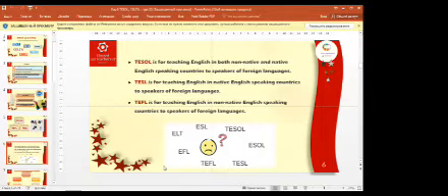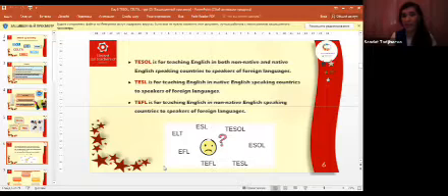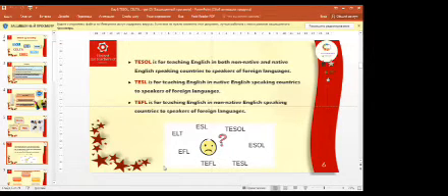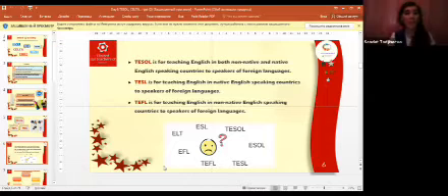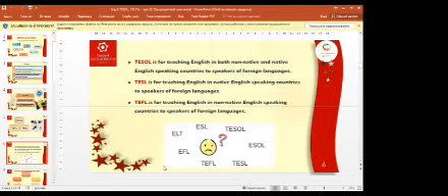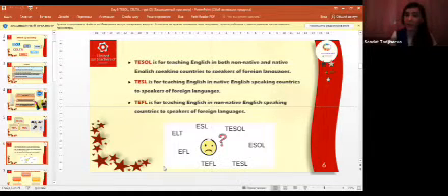TESOL and TEFL certificates are internationally recognized, and they are provided by special universities. For example, Webster University is providing a TEFL certificate, as this certificate is provided by a recognized university around the world.